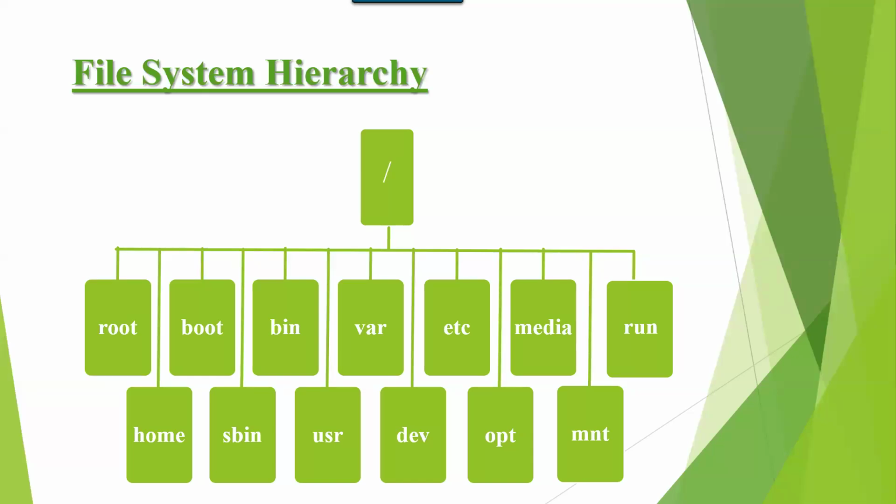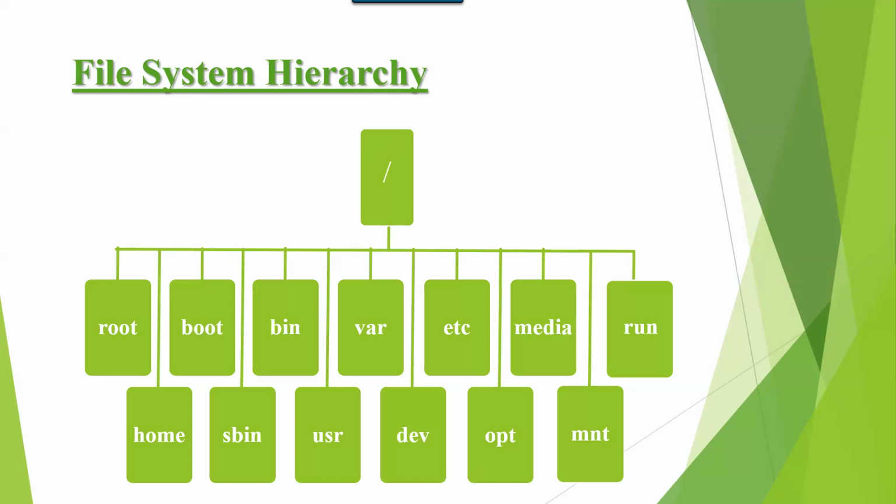So the first one is forward slash. Forward slash is a primary partition or top level directory in Linux. It is a parent directory. And this forward slash is similar to C in Windows.